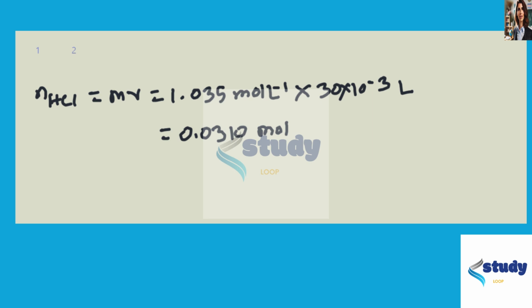Now we will find out the number of moles of the sodium hydroxide which is reacting with the excess HCl.